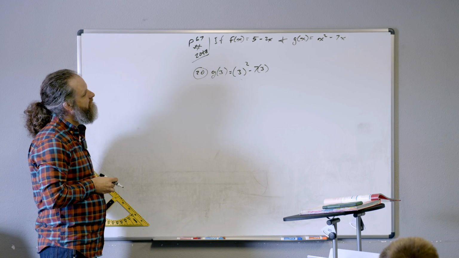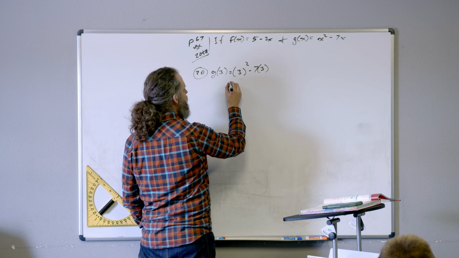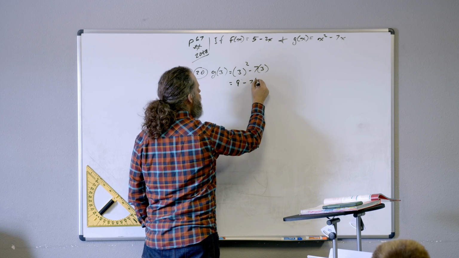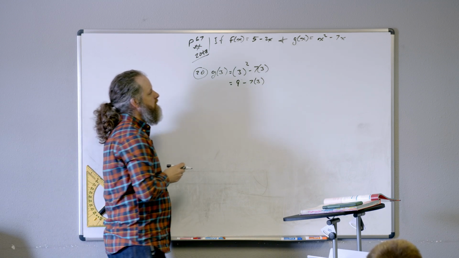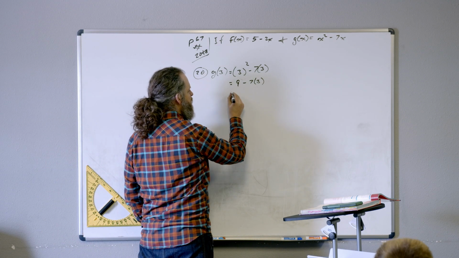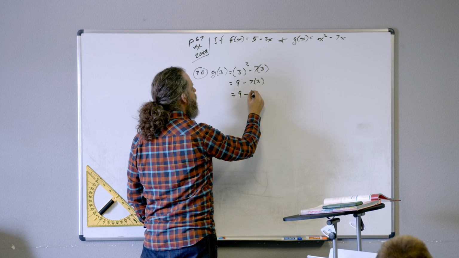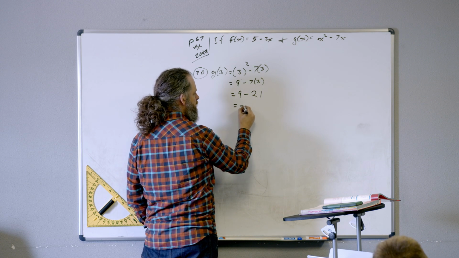Exponent. What's 3 squared? Now what? Negative 7 times 3, which is what? And then 9 minus 21 is what?